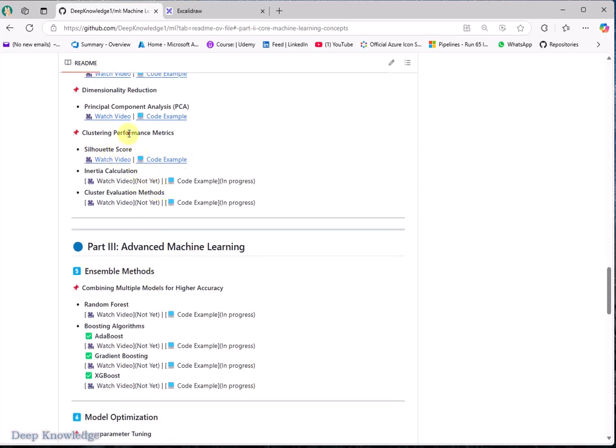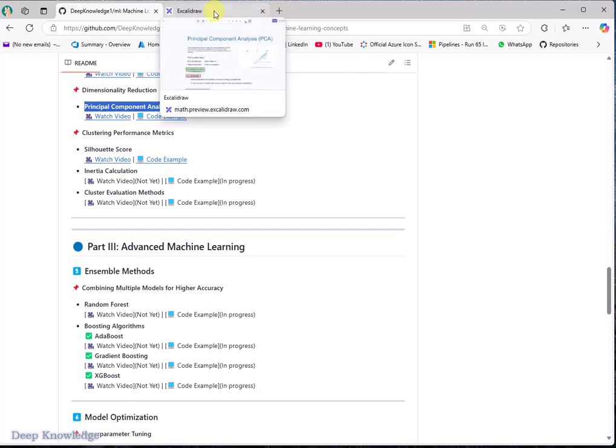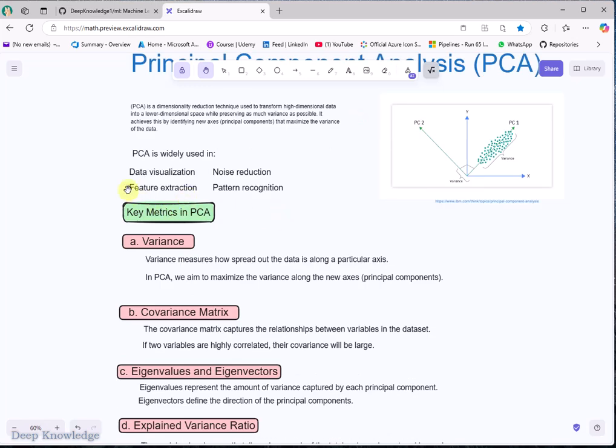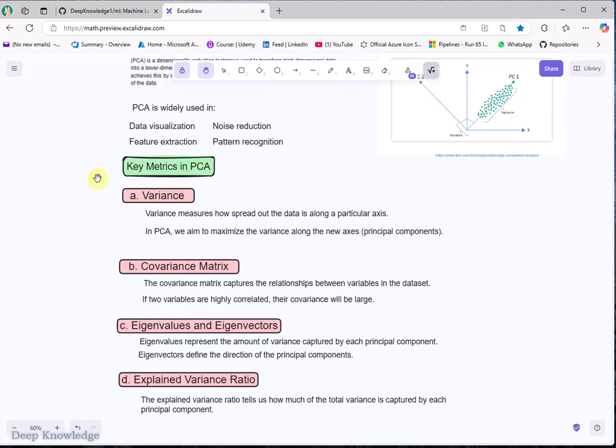You can see principal component analysis, or PCA. So what is the main goal behind principal component analysis? It tries to shrink the number of features, or extract features: feature reduction, dimensionality reduction.